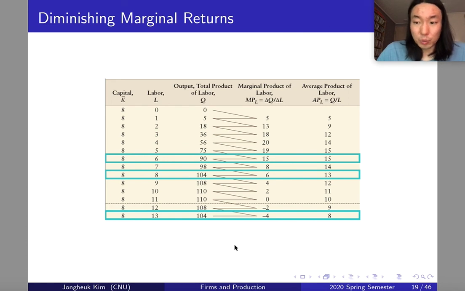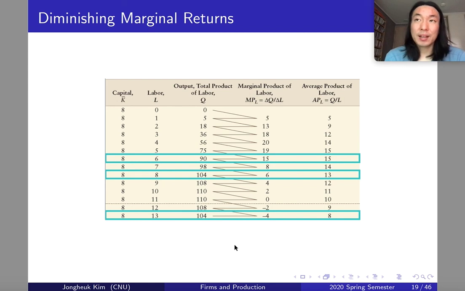Here is one more important finding by economists about the APL and MPL, which is called diminishing marginal returns. If we assume the capital is fixed in the short run and only labor is our variable input, the marginal returns, or the marginal product, will decrease over the units of labor.